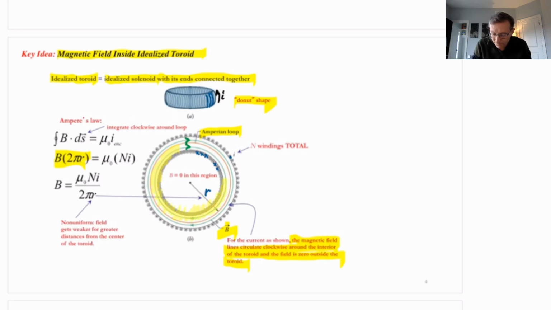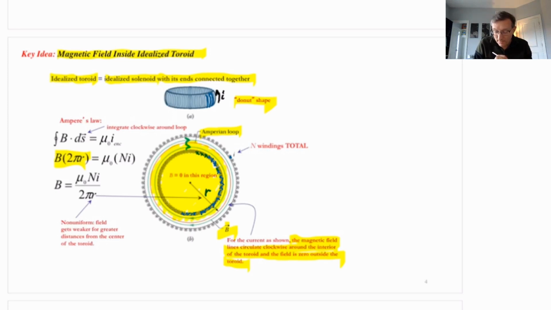So let me shade all that surface in. That's the surface inside the Amperian loop. I've got to be able to visualize where the piercing of that surface is. You see where it is? It's where all these windings on the interior circumference of the toroid are going downward, with the current going inward, all the way around.